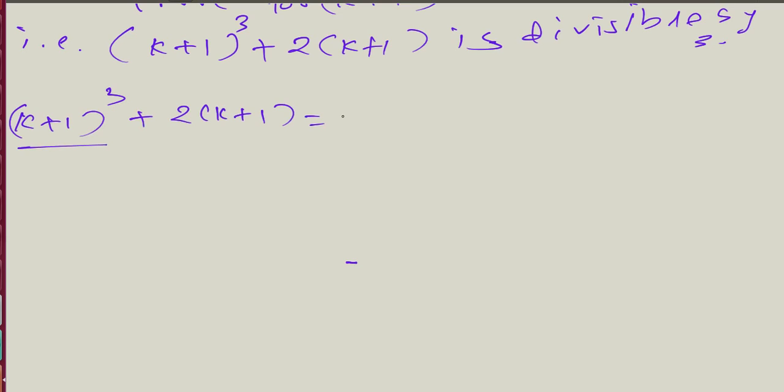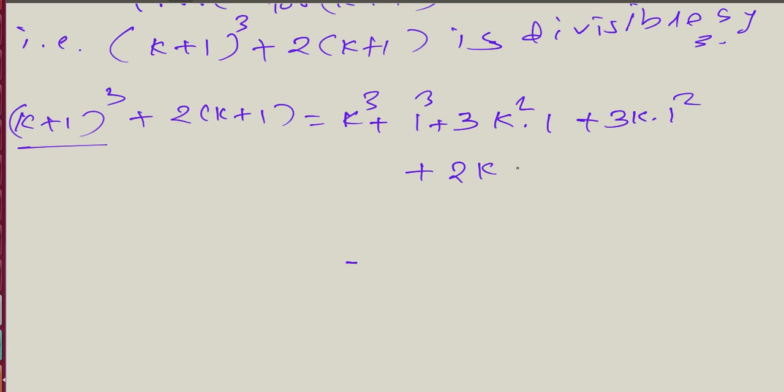so by using the formula a plus b whole cube, k cube plus 1 cube plus 3k square into 1 plus 3k into 1 square, that is the expansion of this bracket, plus this term, that is 2k plus 2, right? So now from this I'll write some terms together.